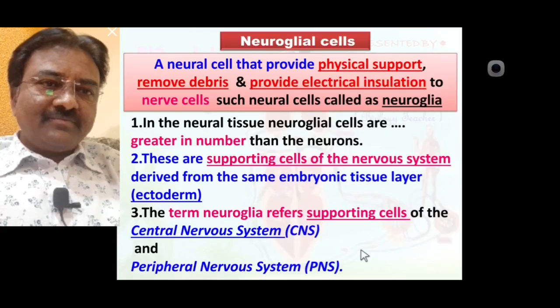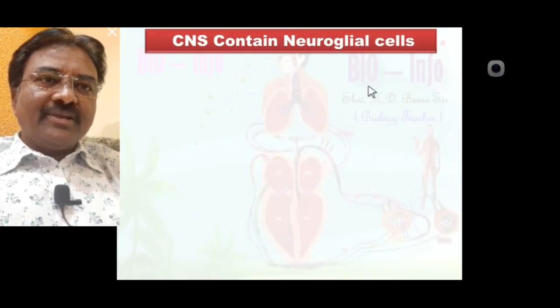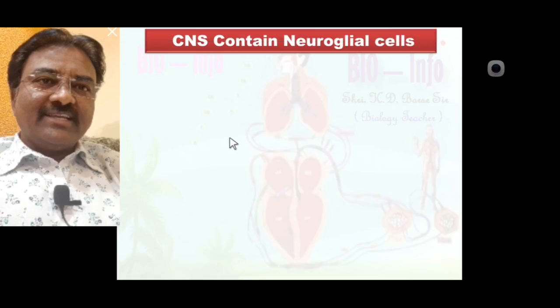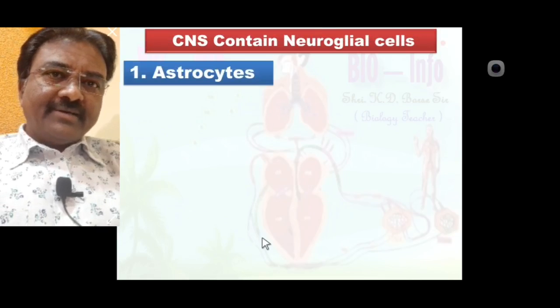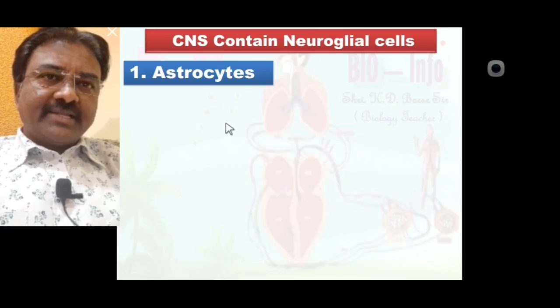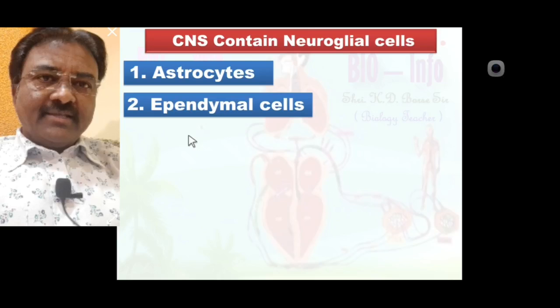Now we learn which neuroglial cells the CNS contains. Which are the neuroglial cells present in CNS? Number 1, first, astrocytes are neuroglia cells present in the central nervous system. Second, ependymal cells are also neuroglial cells present in the central nervous system.